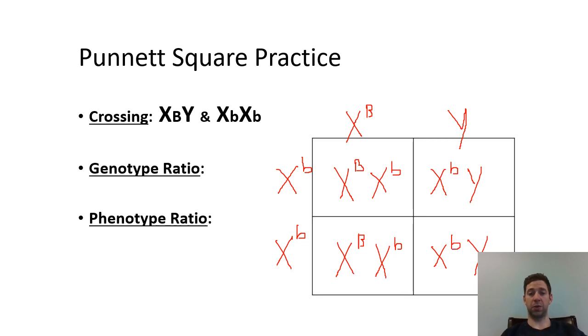And again, the reason why is that with only one X chromosome, the male gets his X chromosome from mom, because any male out there, you got your Y chromosome from dad, that's why you're male, and you got your X chromosome from mom. And so any male out there that's colorblind, it's because their mom was either a carrier or was colorblind.